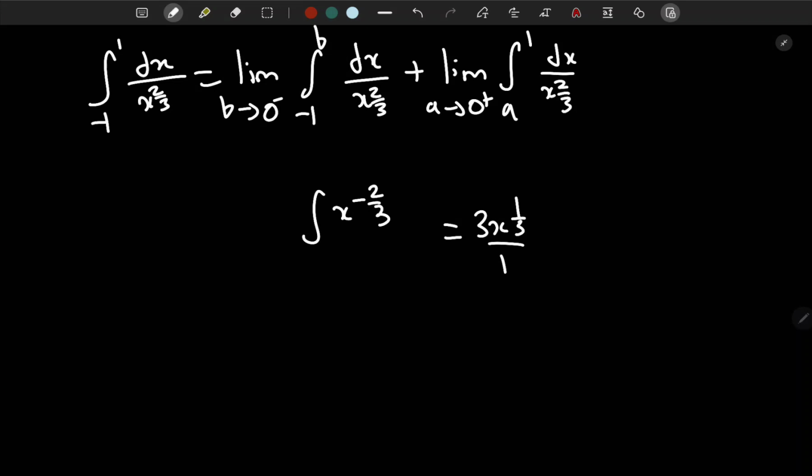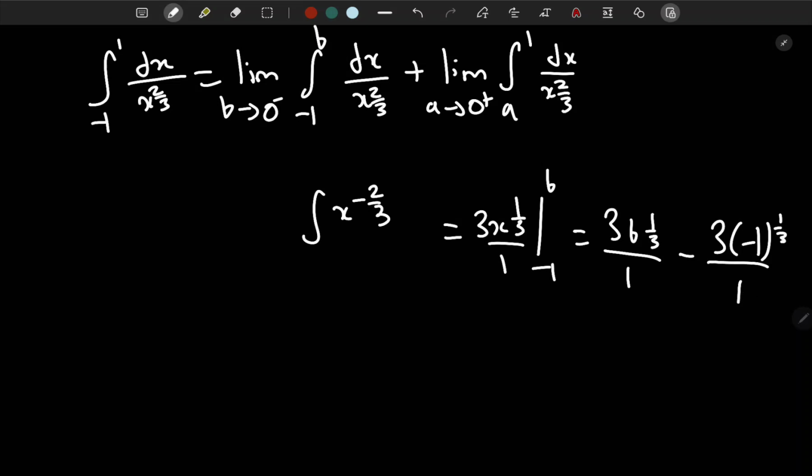Now we find the limit from negative 1 to b. So it's going to be 3 b to the 1 over 3, minus 3 times negative 1 to the 1 over 3.